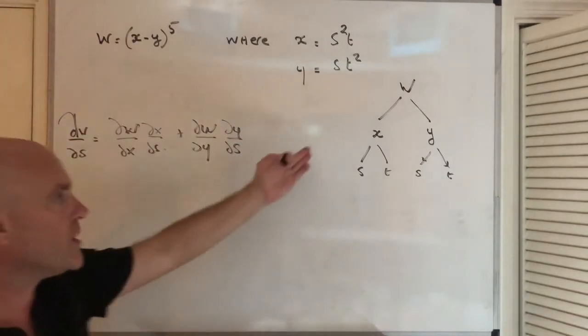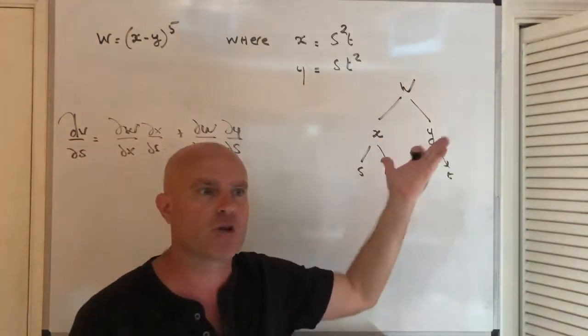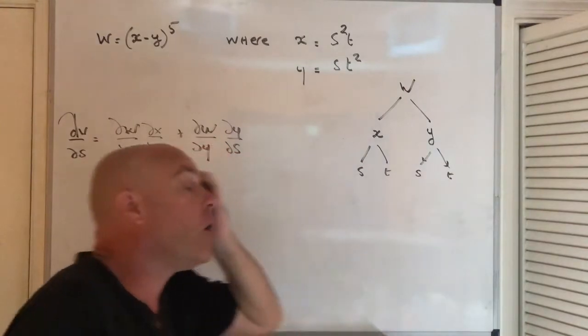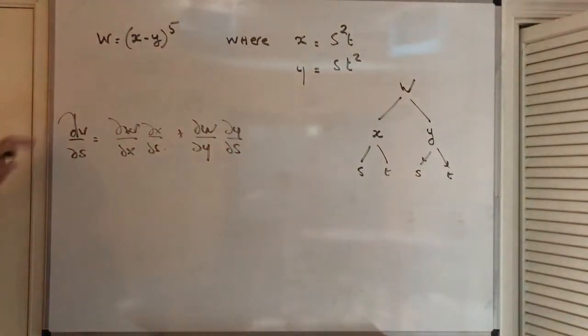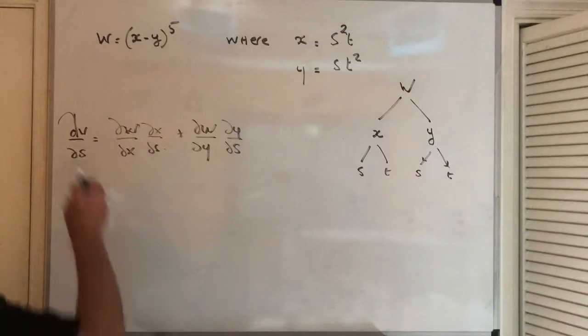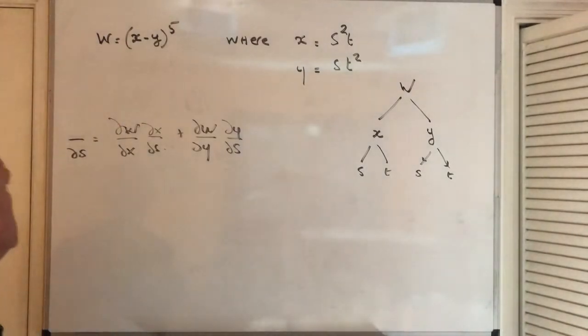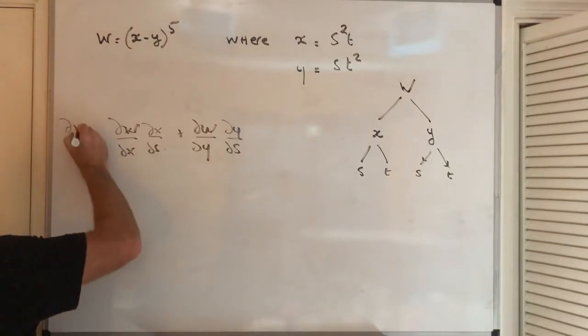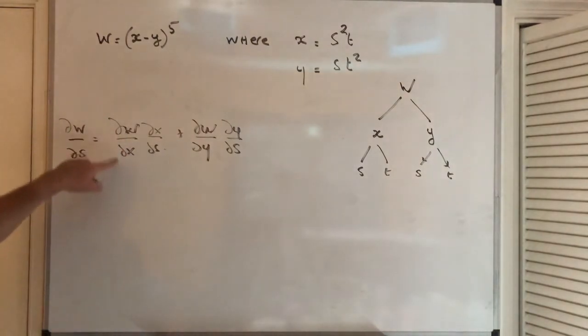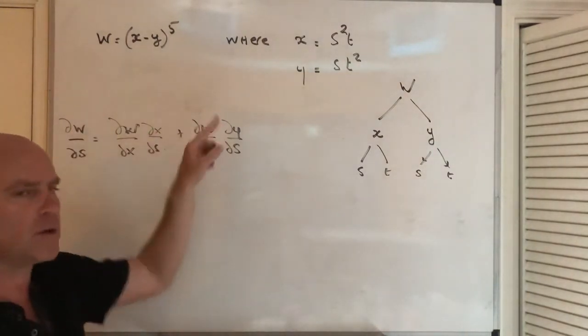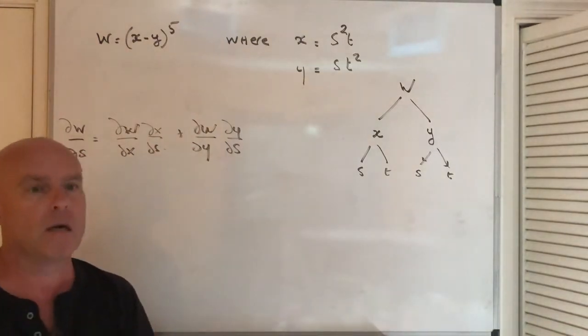I just follow pretty much what the tree tells me. Or if you prefer, what I also often do in my head is visualize the differential of w, dw equals dw over dx dx plus dw over dy dy, and then I know that I have to divide by partial s.